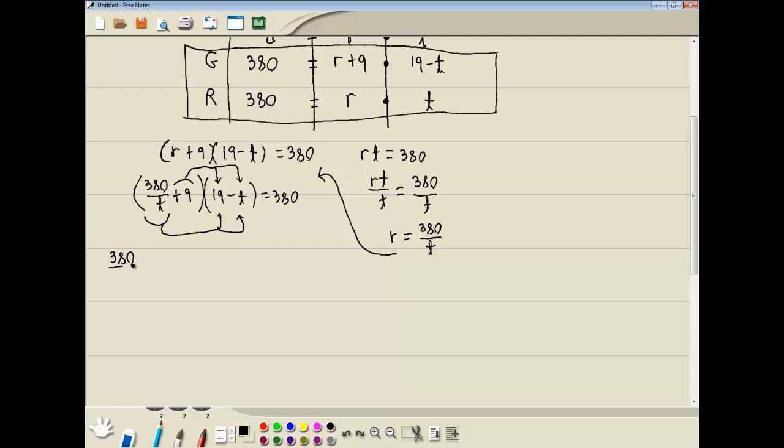So we've got 380 over t times 19 and 380 over t times negative t.